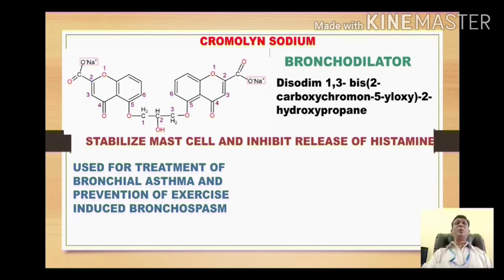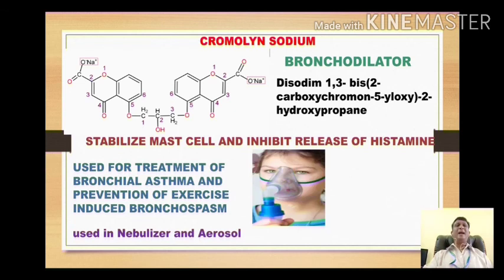Sometimes we may feel that during exercise there is shortness of breath. So if the shortness of breath is long term, such patients are advised to take cromolyn sodium. Cromolyn sodium can be used in the form of nebulizer and aerosol.